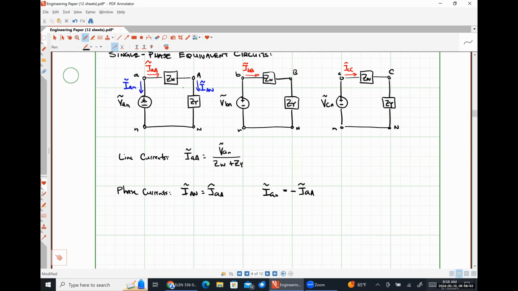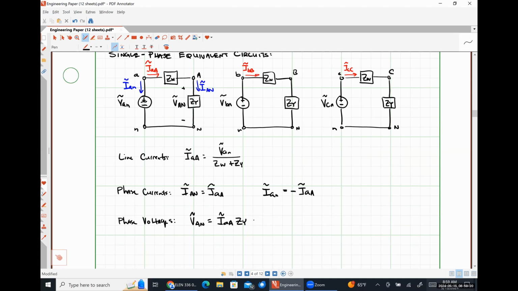What about the phase voltage across our load? IAA times ZY.